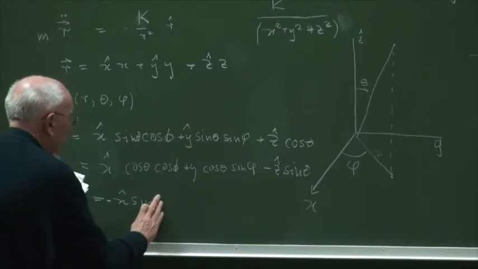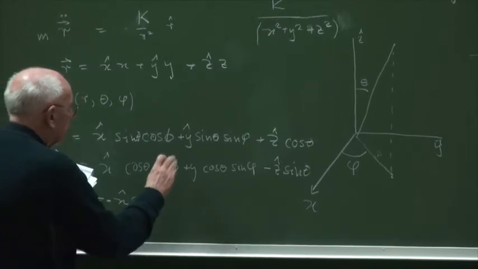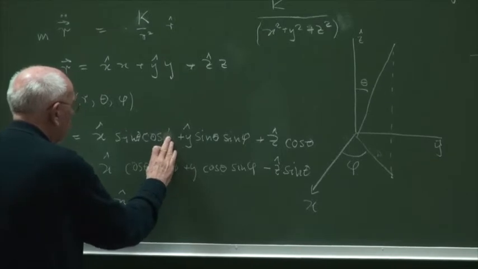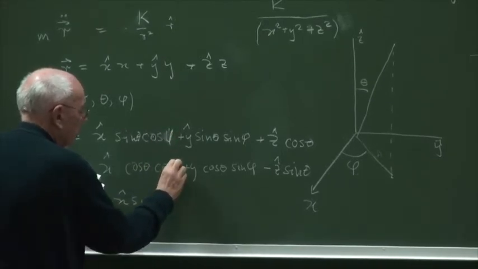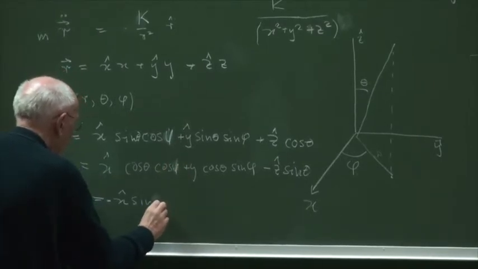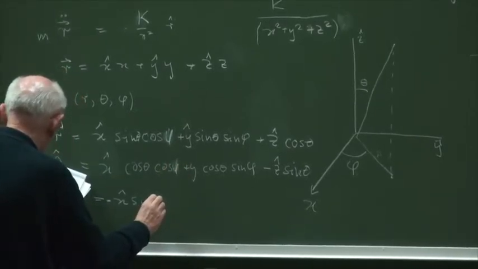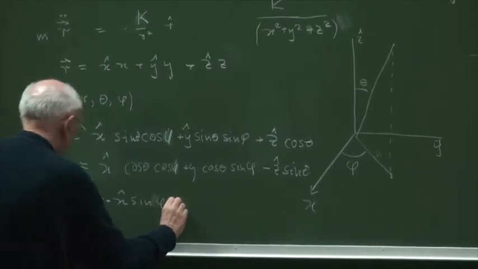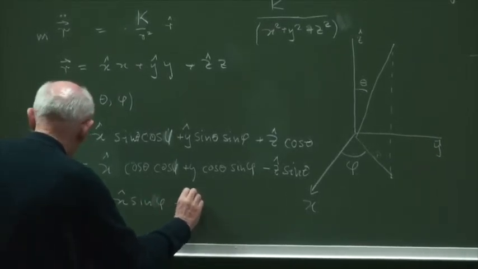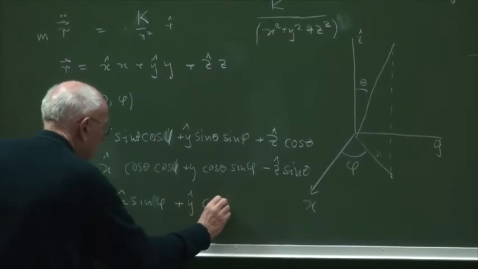I'm sorry, I'm using different ways of writing phi. So let's stick to this one. This is minus sine phi plus y cos phi.